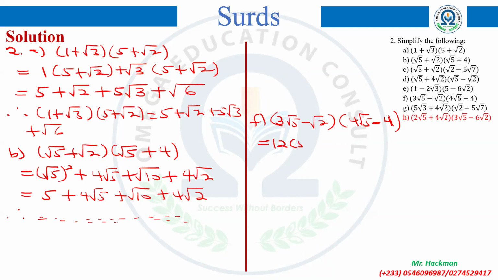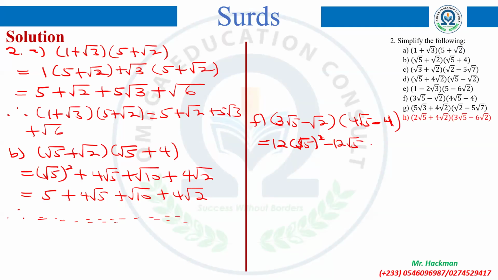Just because of the advice that I gave, I would appreciate it if you write root of 5 squared. You get it? Yes, sir. Then minus 12 root 5, perfect.